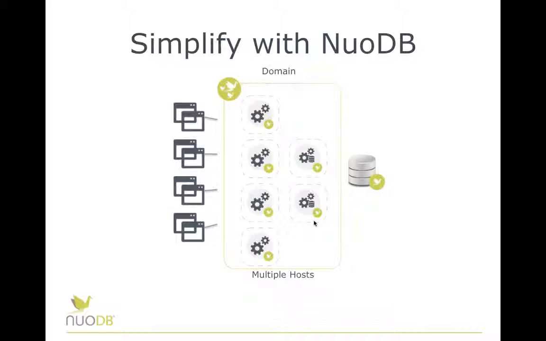This example is showing a single host within a NuoDB domain, and this single host has 2 processes running on it, a transaction engine and a storage manager, which are essentially the 2 fundamental processes that are the core components of any NuoDB database. You can run these processes on individual host machines within a domain, or you can run them all on the same machine within a domain, which is the example that we're looking at.